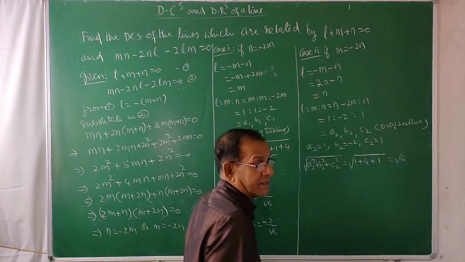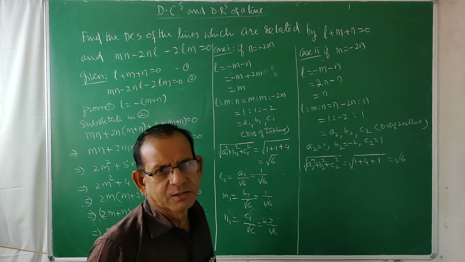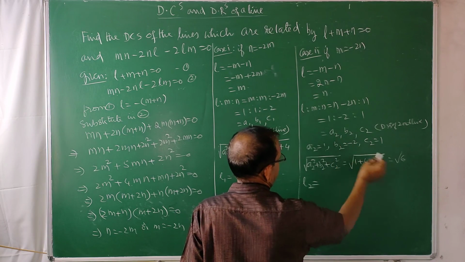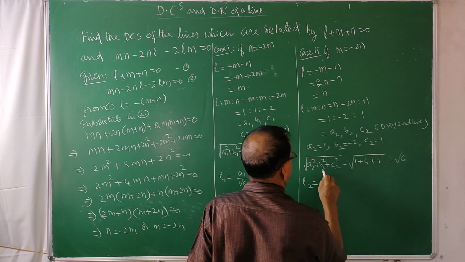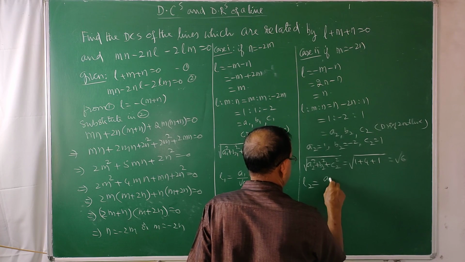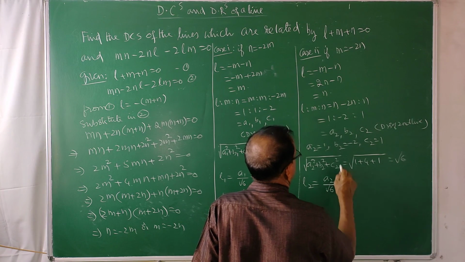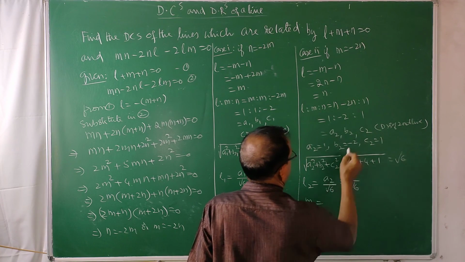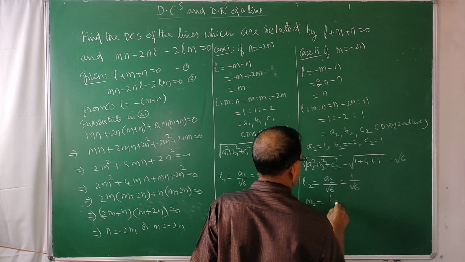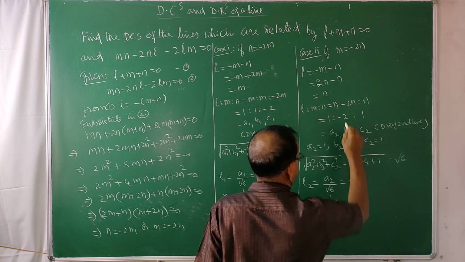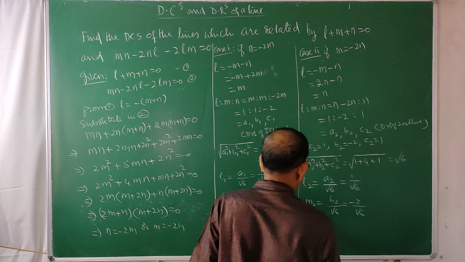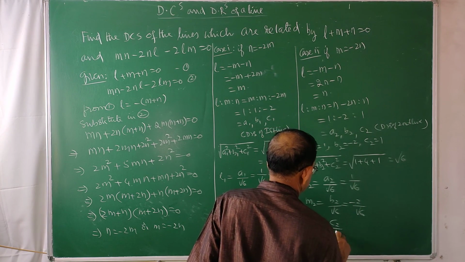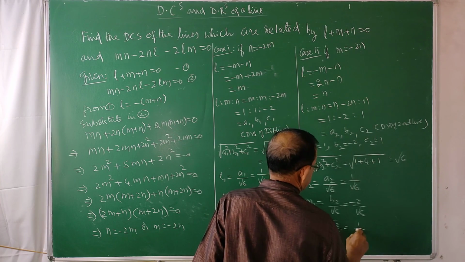Now what are the DCs of the second line? Let us take those DCs as L2, M2, N2. So L2 is equal to A2 by root 6, equal to 1 by root 6, and M2 is B2 by root 6, that is minus 2 by root 6, and N2 is C2 by root 6, equal to 1 by root 6.